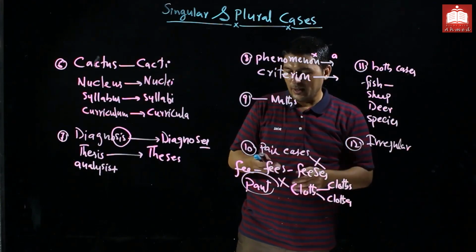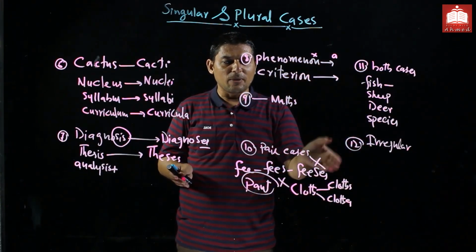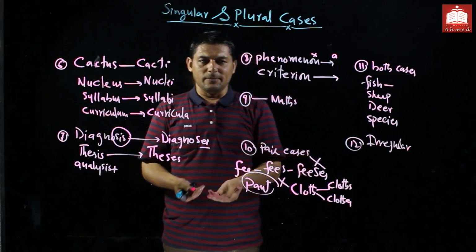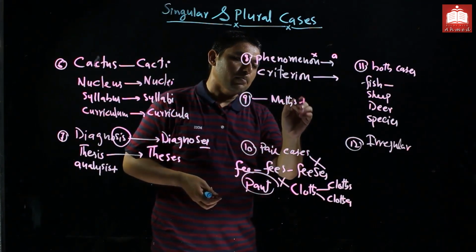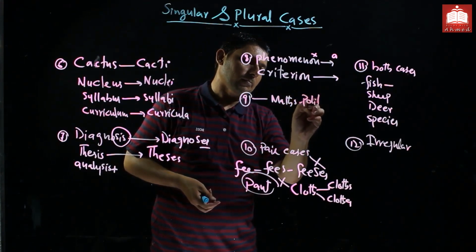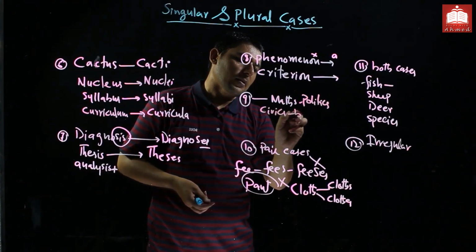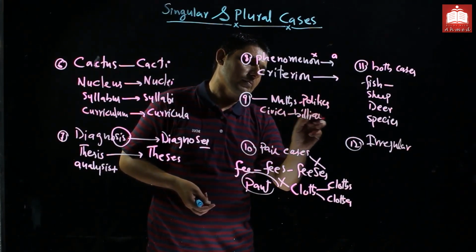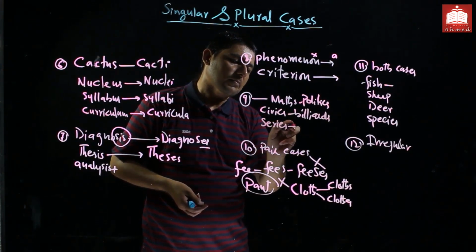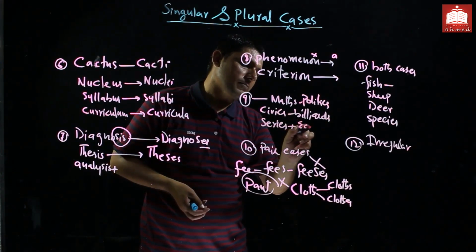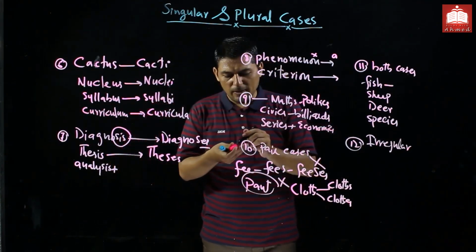Okay, we have certain words that have an S at the end, but they are always singular. Example, we have mass, politics, civics, billiards, series, economics, and these are just a few examples.